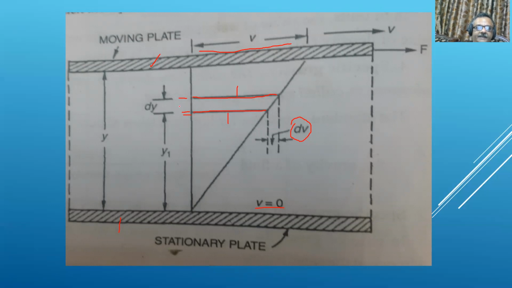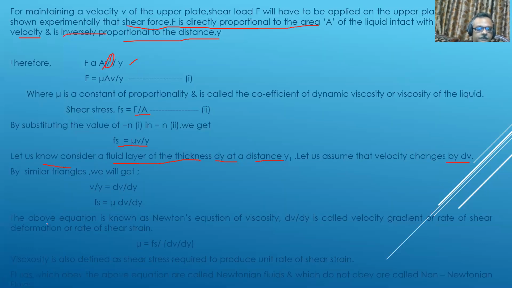So dv over dy is called the velocity gradient. So by similar triangles, V over Y is equal to dv over dy. So here shear stress is equal to mu dv over dy.